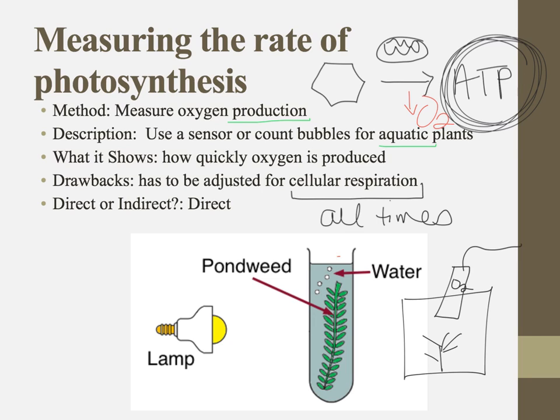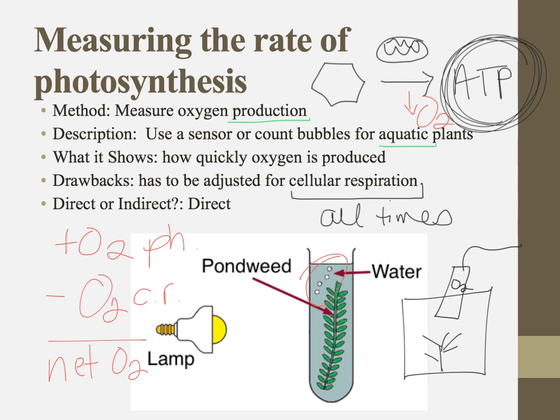So whatever we measure is only the difference between the oxygen that we make in photosynthesis minus the oxygen that we use in cellular respiration. Here all we're seeing is a net oxygen production, so some adjustment has to be made. This is what we call a direct measurement because we're measuring a direct product of photosynthesis, the oxygen.